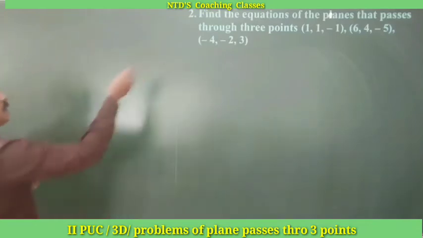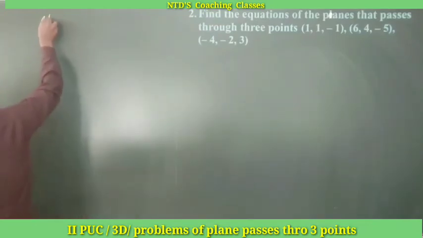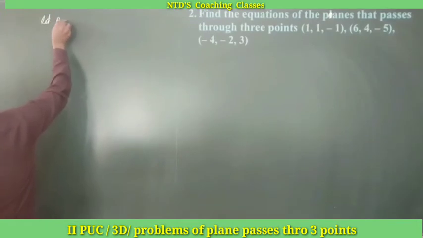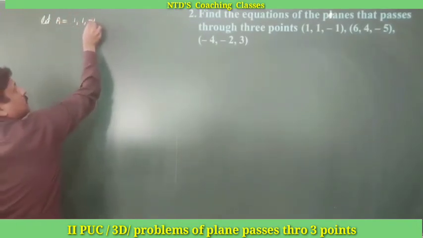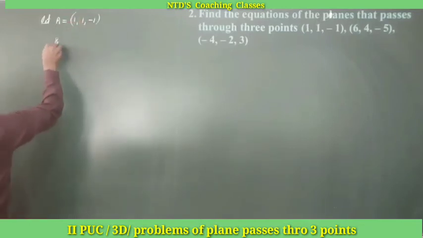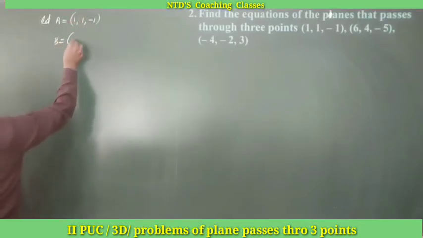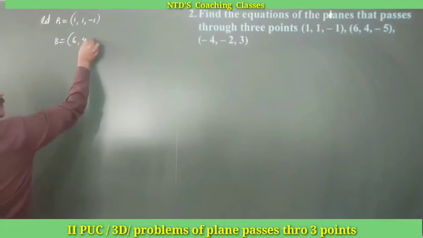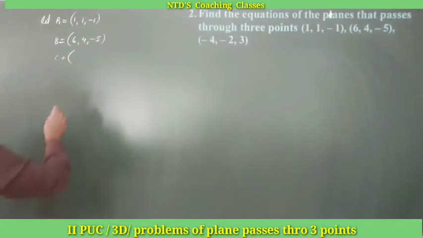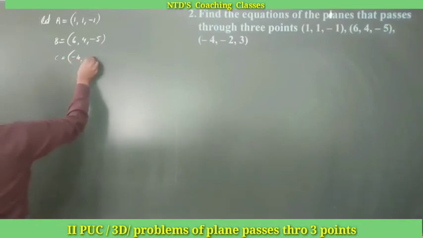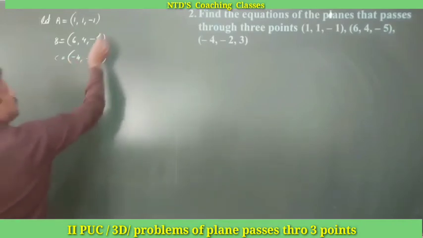Okay, so given, let us call the first point A, the given 1 1 minus 1, second point B, that is 6 4 minus 5, third point C, which is minus 4 minus 2 3.